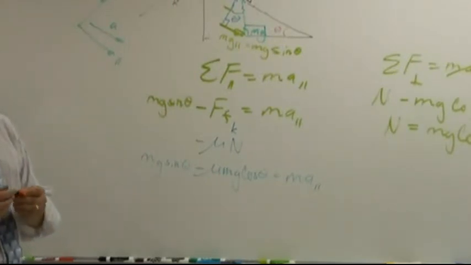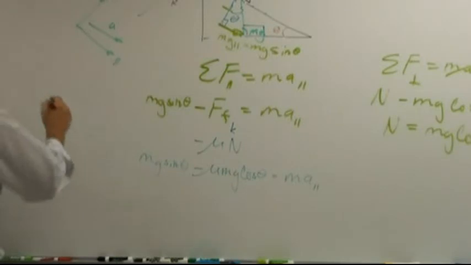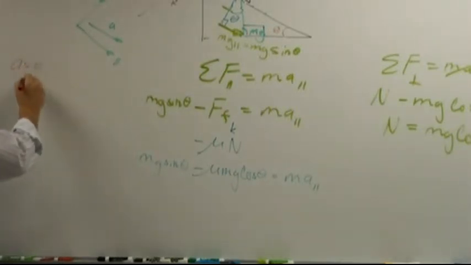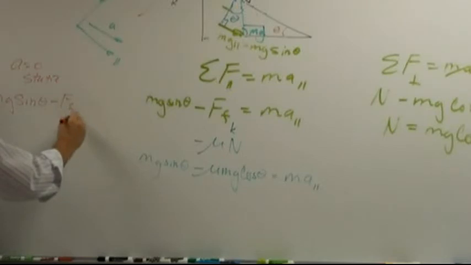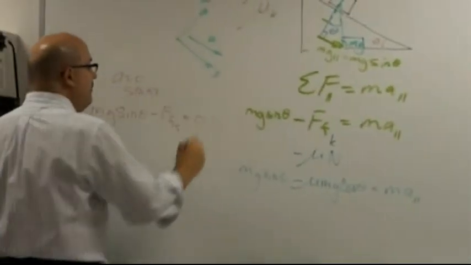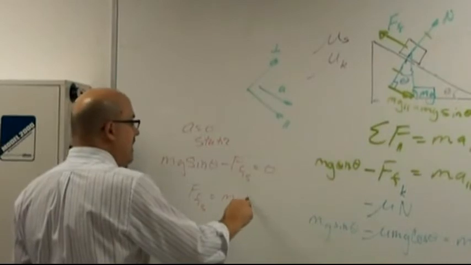If the acceleration is 0, if it's static, then you get mg sine theta minus force friction static, but that equals 0 this time, right? So what's the force of friction equal to? Force friction static is just equal to mg sine theta, right?